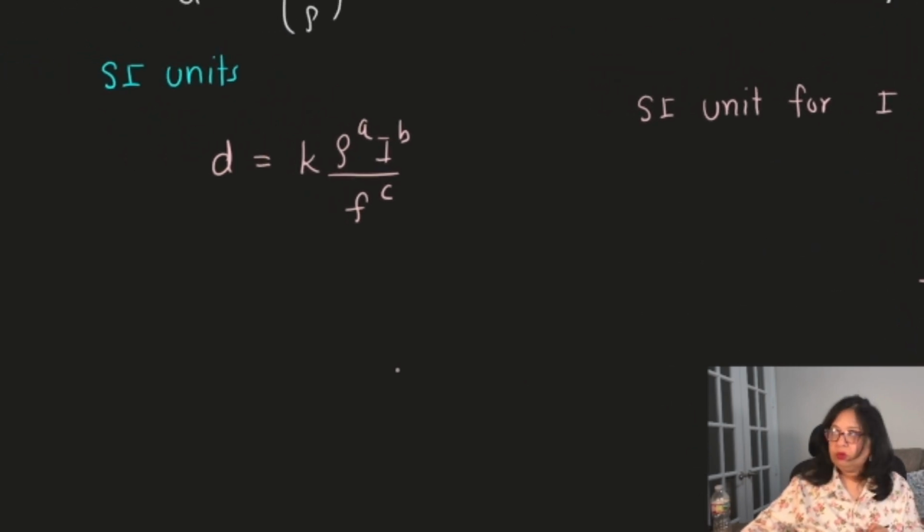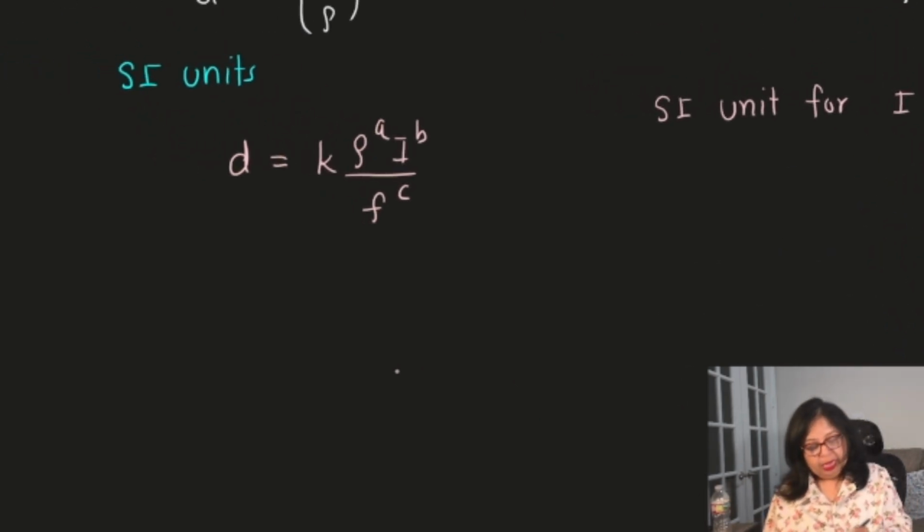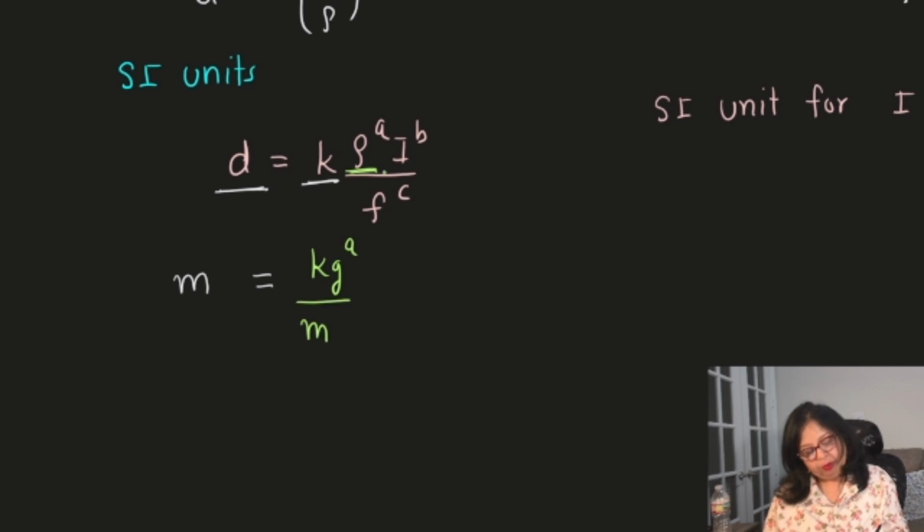Going back to our problem, the SI unit for distance, which is on the left-hand side, is meter, equals, this K over here is dimensionless, rho has dimensions of kilograms to the power A divided by meter to the power 3A, times I to the power B. We just saw this is kilograms to the power B divided by seconds to the power 3B.